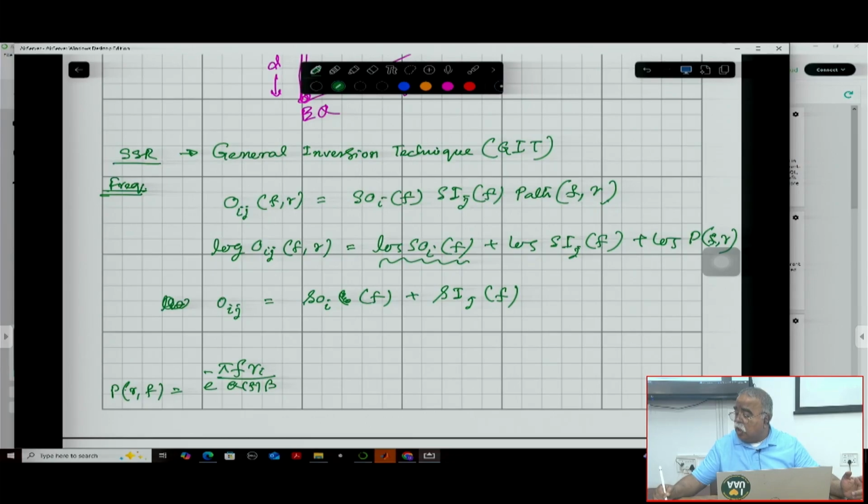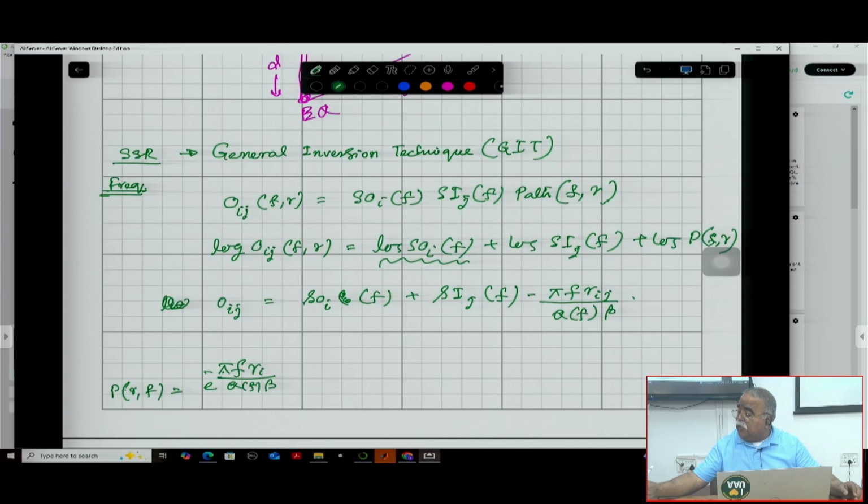So if you take the log, then only the e to the power something remains, so it will be minus pi f R_ij into Q(F) with your beta, right? So that will come. Make sense?